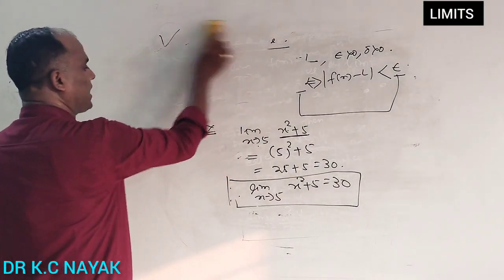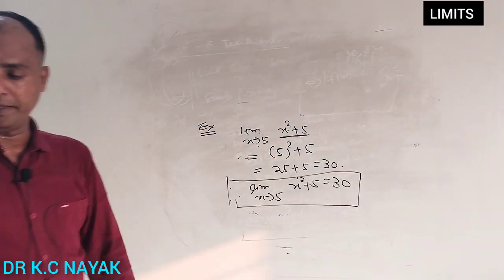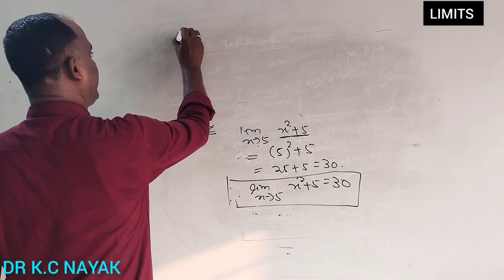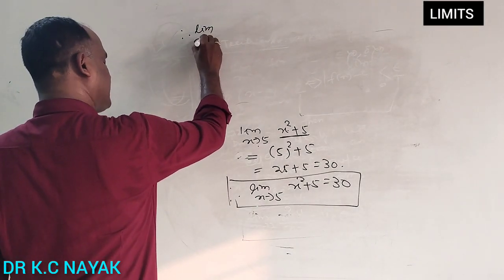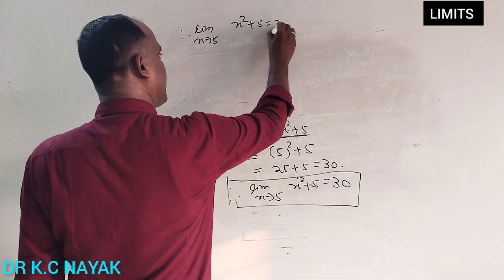Let's see how we can justify it using the epsilon delta technique. We first define the limit as x tends to 5 of x square plus 5 is equal to 30.